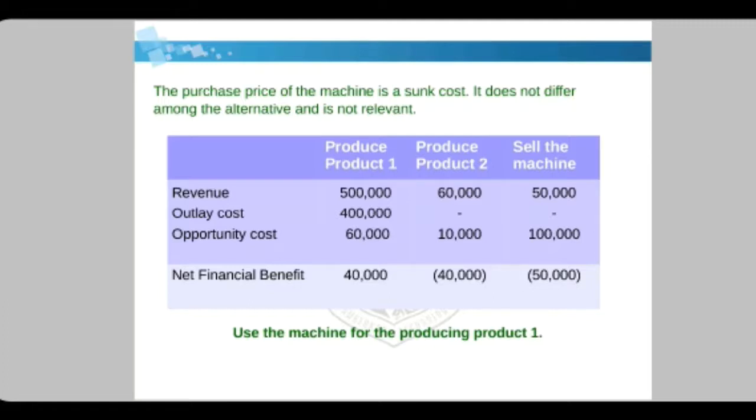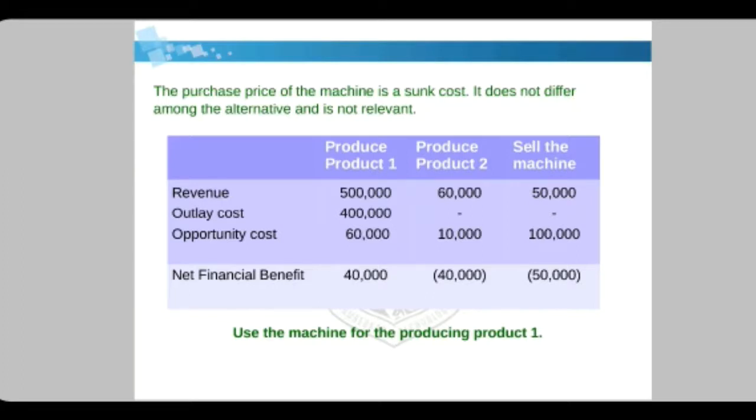So opportunity cost means what? Opportunity cost for product 1 is 60,000. It means if we produce product 1, and we have to make a decision between whether to produce product 2 or whether to sell the machine, then if you produce product 2 the revenue is 60,000, and if you sell the machine it will be 50,000.